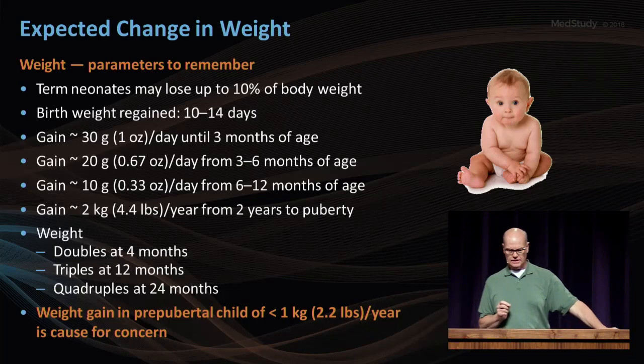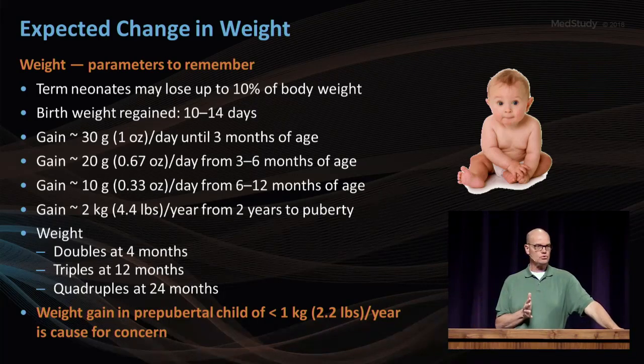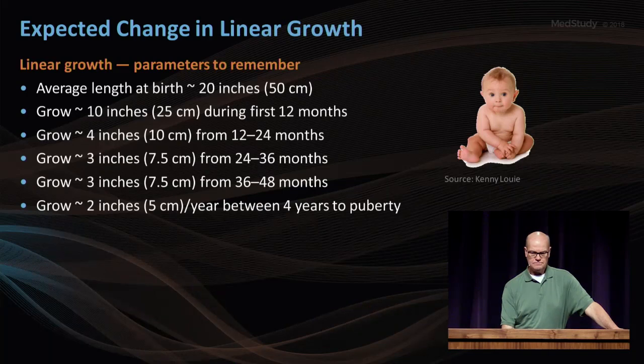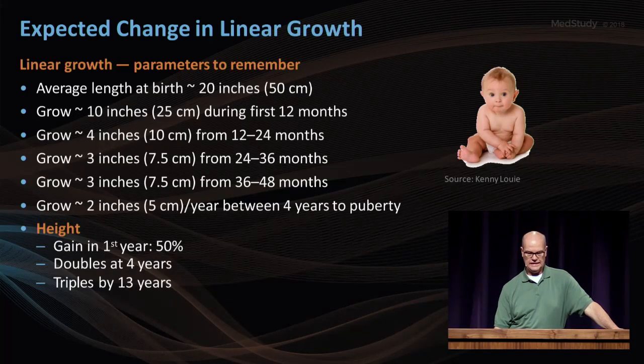The other key thing to keep in mind is that after 24 months of age, children in general should gain about 1 kilogram per year. And so knowing birth weight, when weight doubles, triples, and quadruples, and expected weight in older children will help you to evaluate, even though you're not told that that child is failing to thrive, will help you to make that decision. Same thing goes with length.